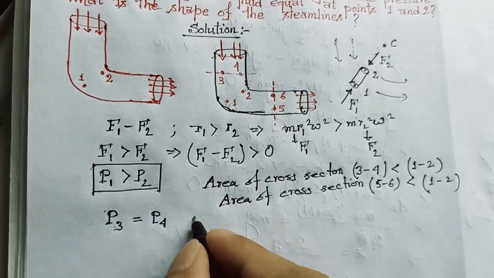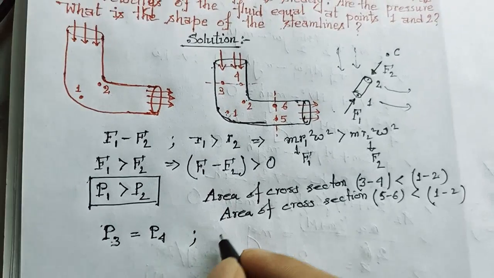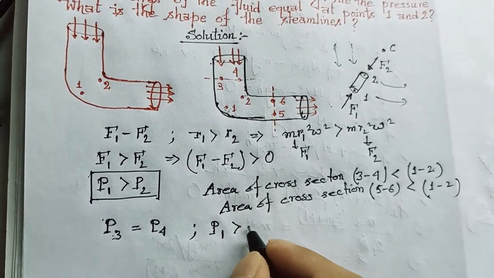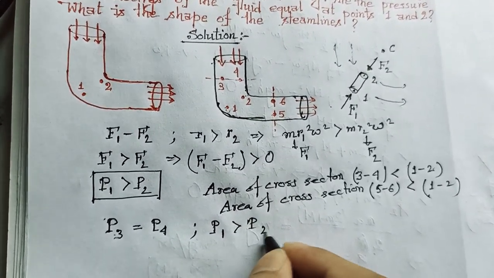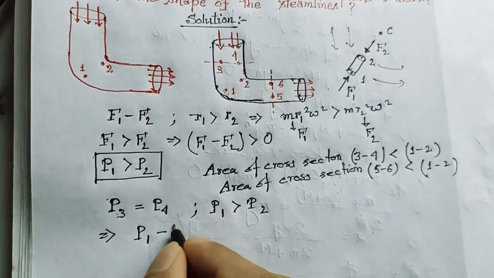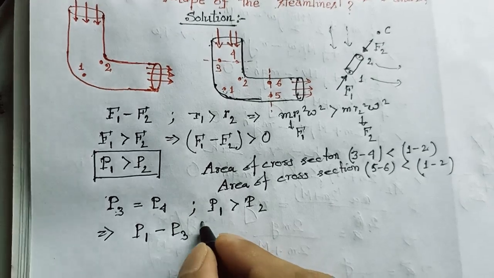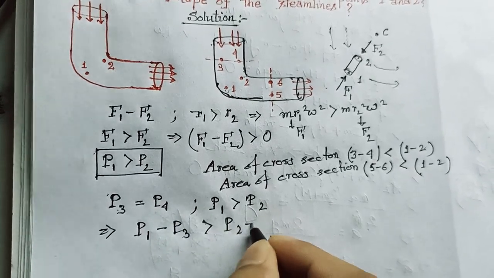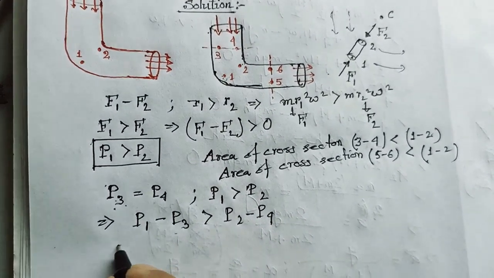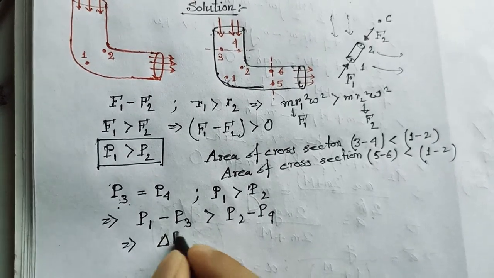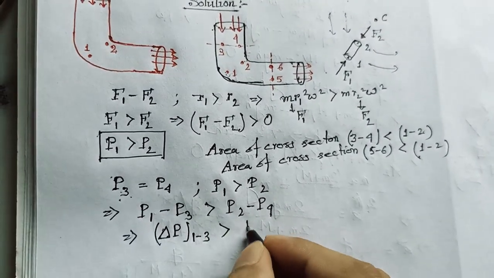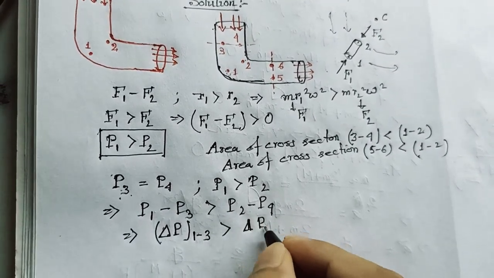But from our previous section we got P1 is greater than P2. So if we subtract these two, we get P1 minus P3 will be greater than P2 minus P4, as P3 is equal to P4. So del P, the pressure difference in the section 1/3, will be greater than the pressure difference in the section 2/4.